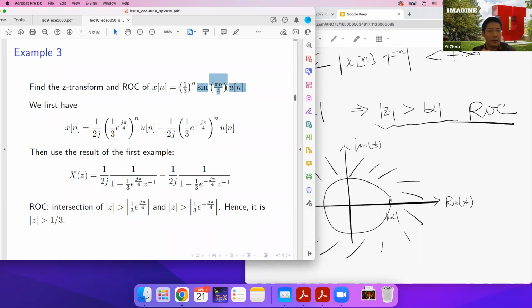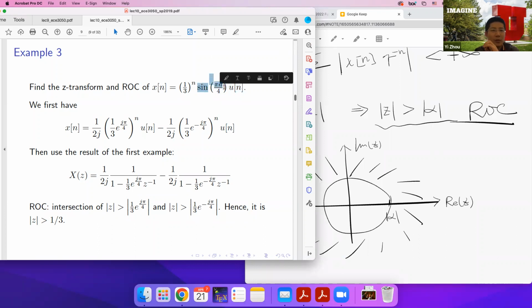This reminds us of the basic properties of the discrete time Fourier transform. So here the idea, which we have used many times, is to utilize the inverse Euler's formula to decompose the sine into exponentials.